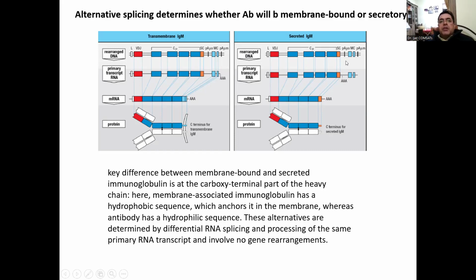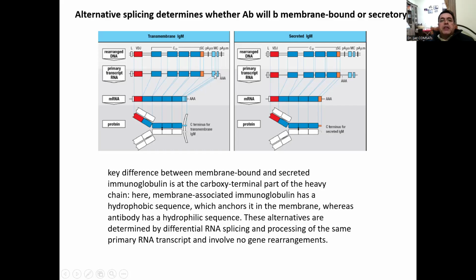In the primary transcript, you also see the MC sequences in the blue color, but the poly A tail has shifted to the left of the MC sequences.